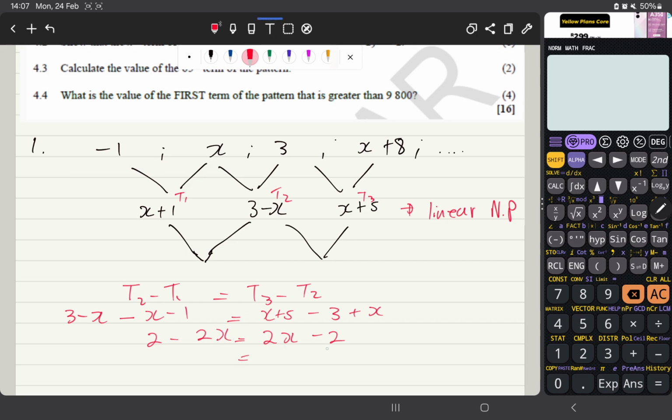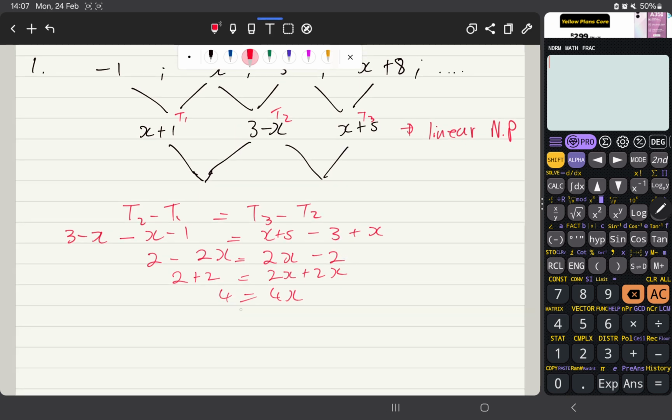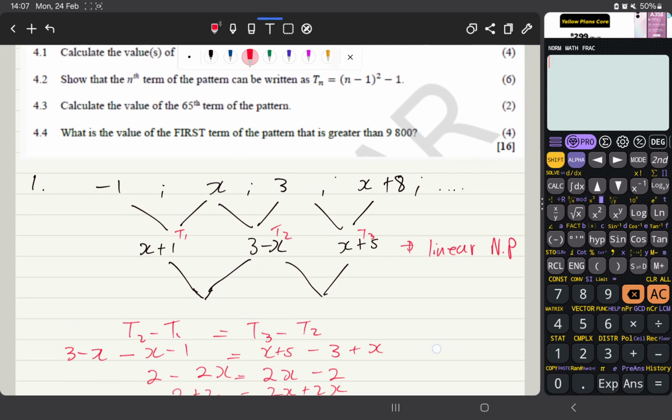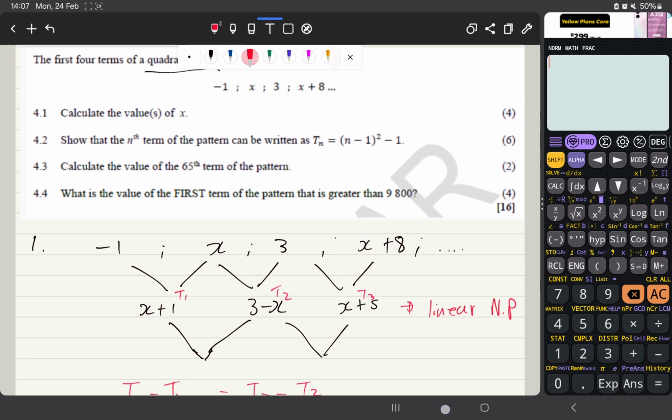And that 2 goes to that side, so I have 2 plus 2, and 2x plus 2x, 4x. 4 equals 4x, so 1 equals x. So I found x, which is equal to 1.